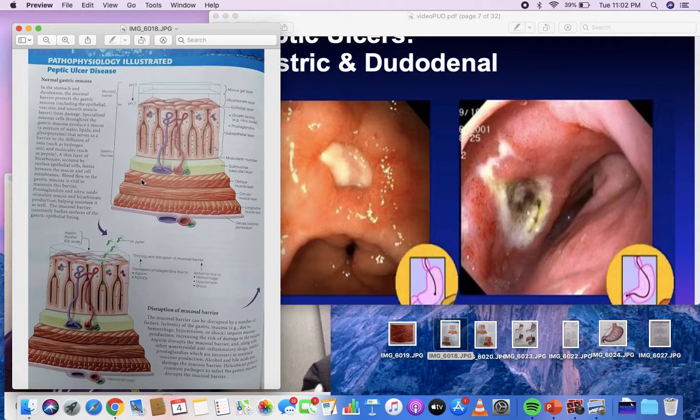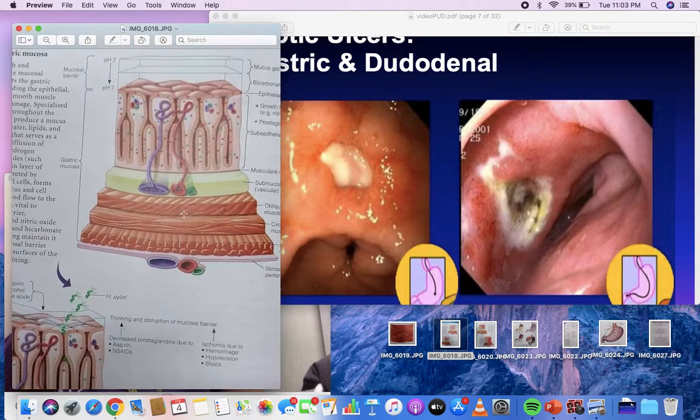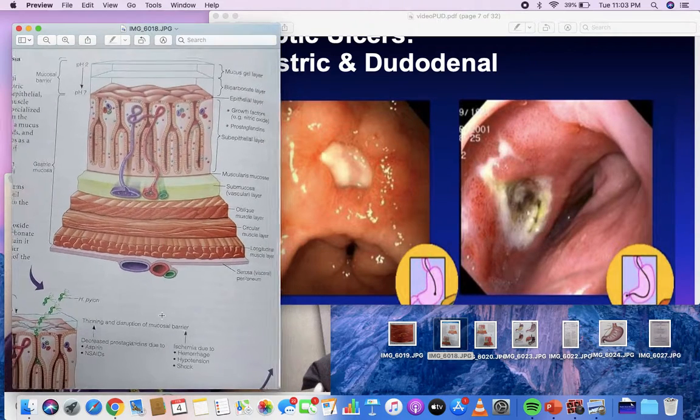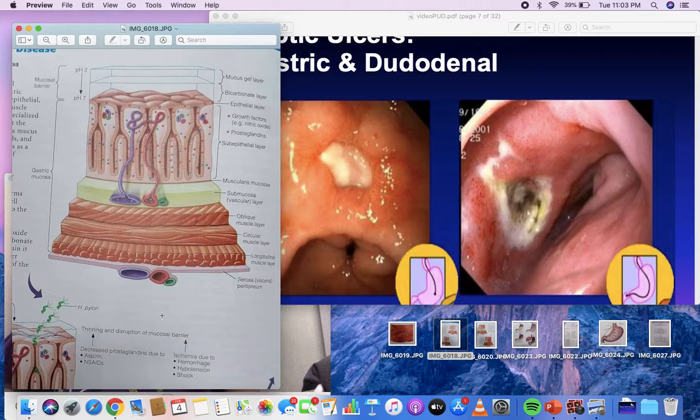So as you can see here, this is the normal gastric mucosa. In the stomach and duodenum, the mucosal barrier protects the gastric mucosa, including the epithelial, vascular, and smooth muscle layers, from damage.